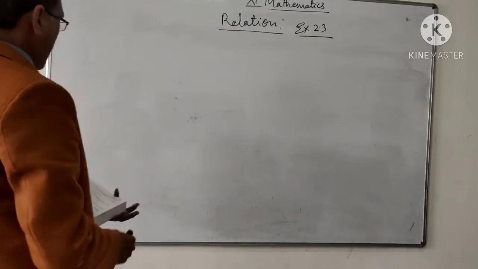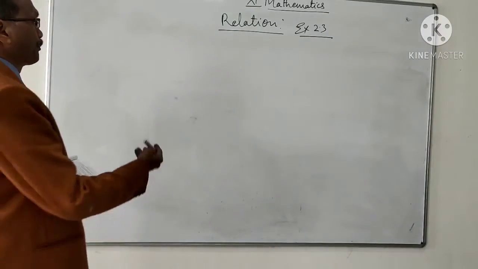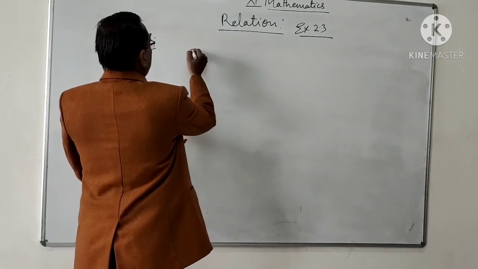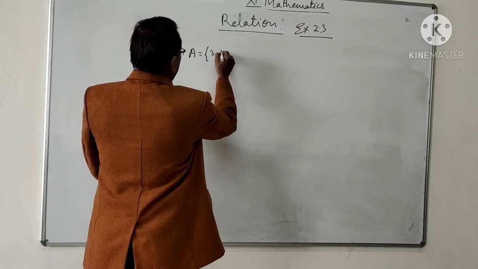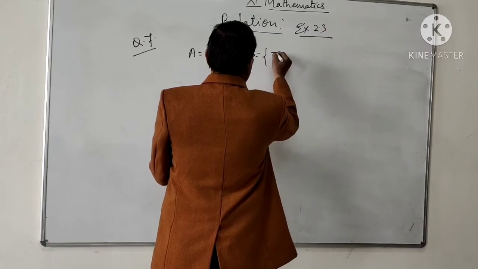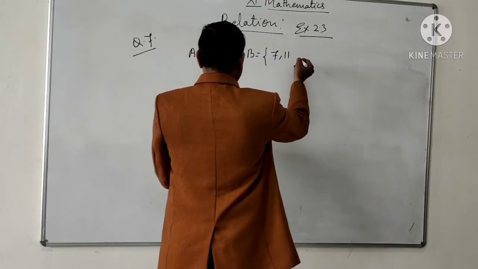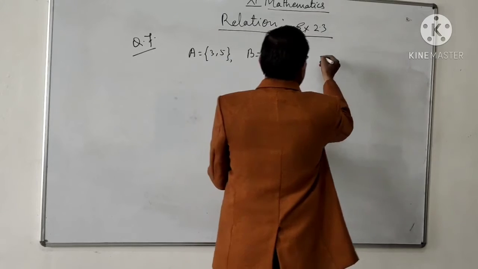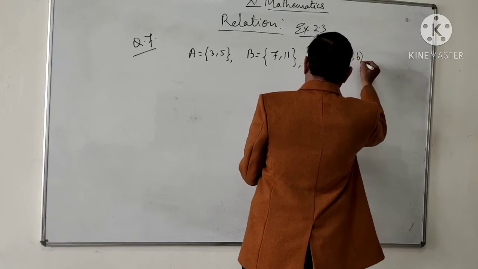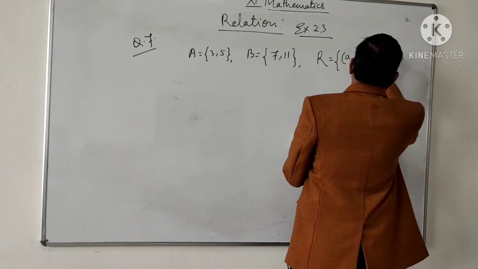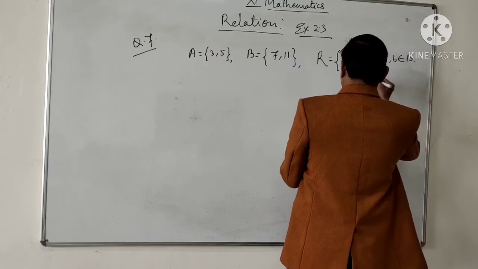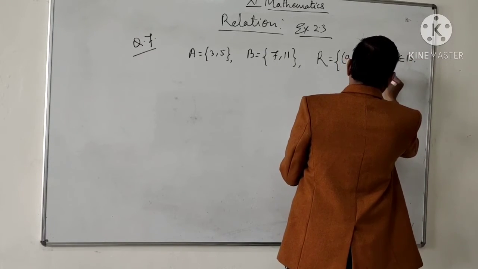Student, now next is question number 7. Here A equal to 3 comma 5, B equal to 7 comma 11, and there is a relation R. It is defined as ordered pair a comma b such that a belongs to A, b belongs to B, and a minus b is odd.